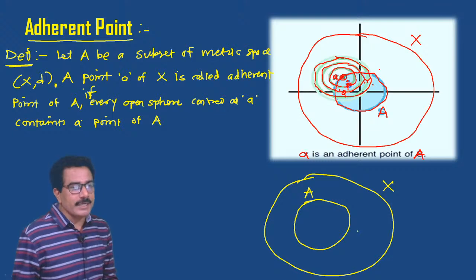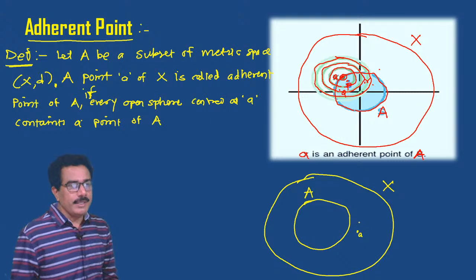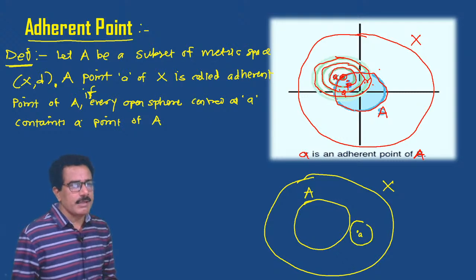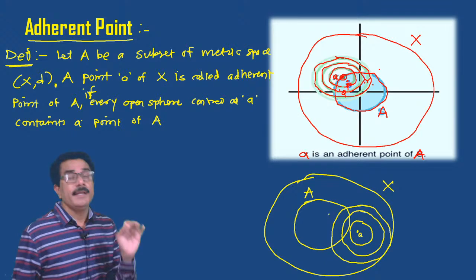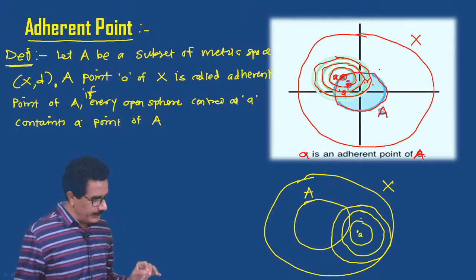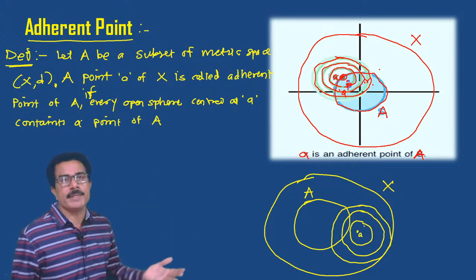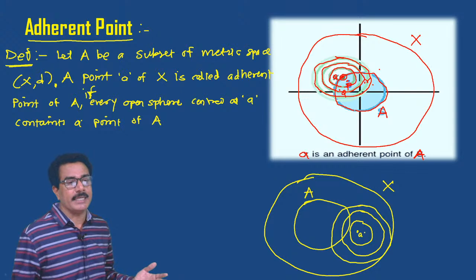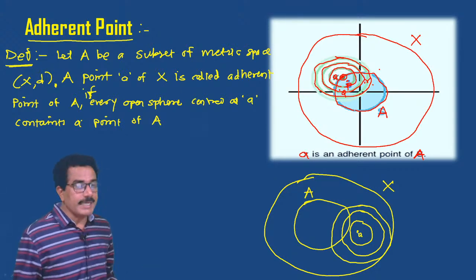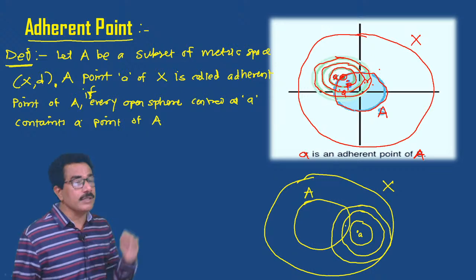If we consider a point small a which is outside, and we draw the open spheres, every open sphere centered at a must contain a point included in A.